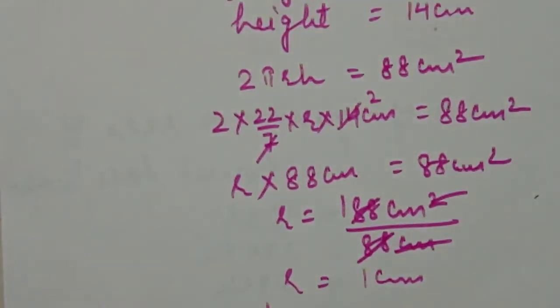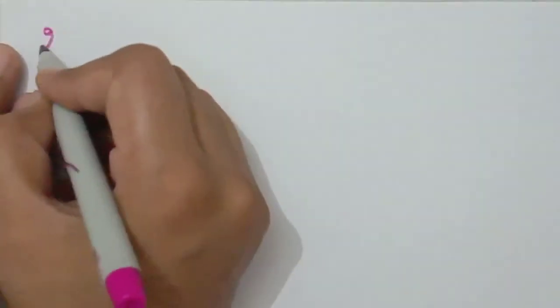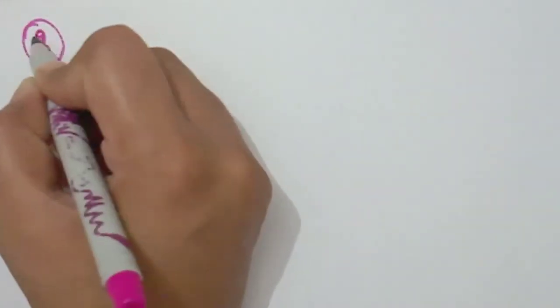Now the second question of exercise 13.2 from your NCERT based on the cylinder. We will take question number 3 because 2 is very easy and it is like the first question. 3.